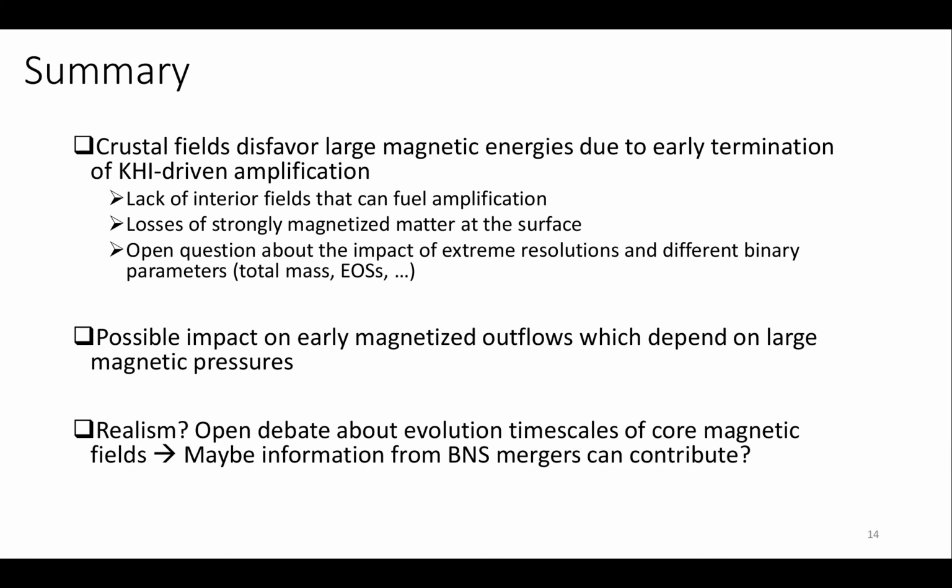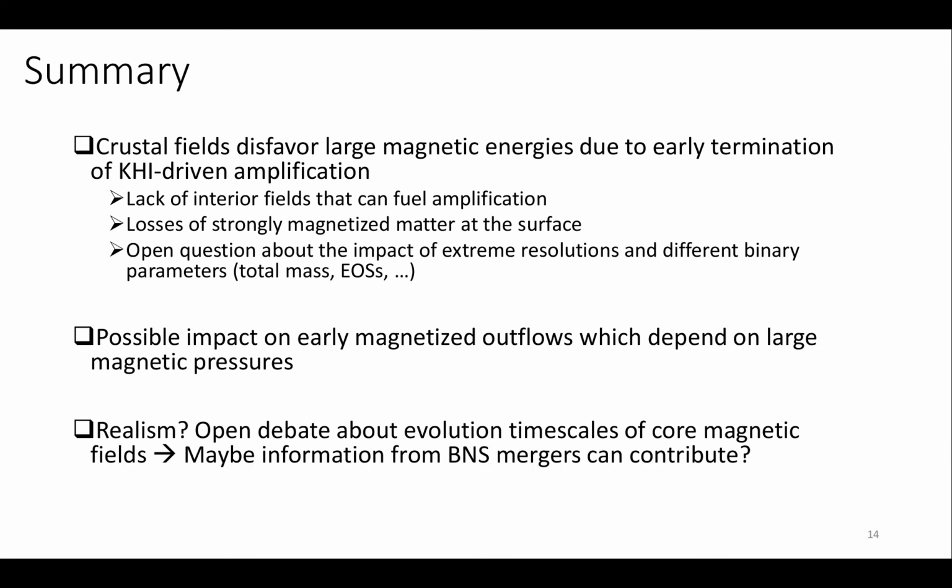I'm wondering, do you have strong fields inside in the core of the star, with orders of 10 to the 14 or 15, and then if the star goes into a merger, this is the seed that you use to amplify it even further. So the question is, do we have any clue of what's going on with the magnetic field inside the star?